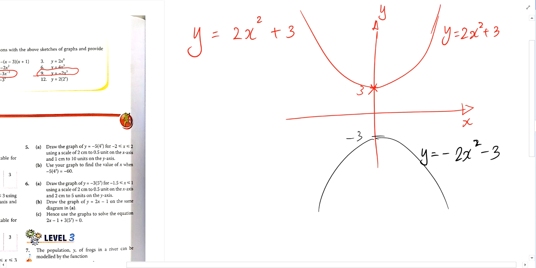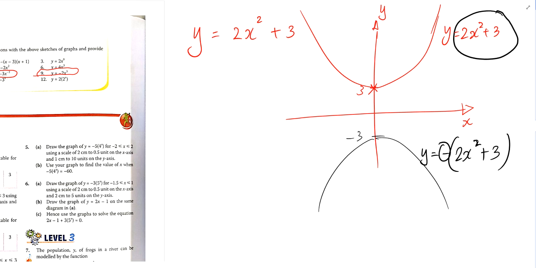All agree with this? You understand how to do it? All we need to do is to just put a minus, and whatever is for our original y, which we have as 2x squared plus 3, just put a negative sign in front. Then you will automatically flip the graph downwards. Okay? And what is the logic behind it?